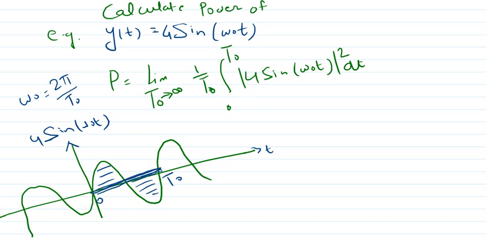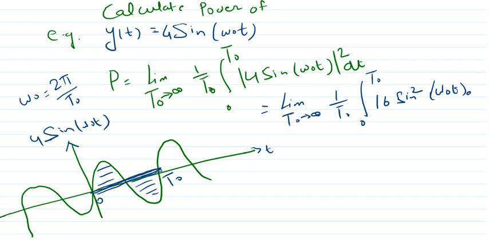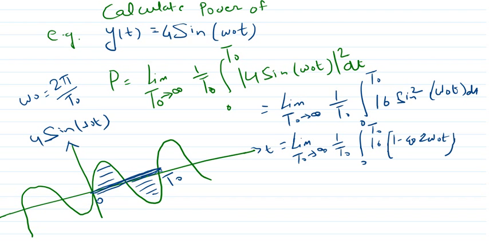So what is the result? Limit T naught tends to infinity of 1 divided by T naught, integral 0 to T naught of 16 sine square omega naught t into dt. Now we can apply the formula: sine square omega naught t is nothing but (1 minus cos 2 omega naught t) divided by 2.